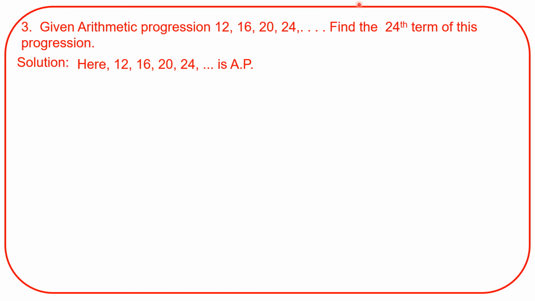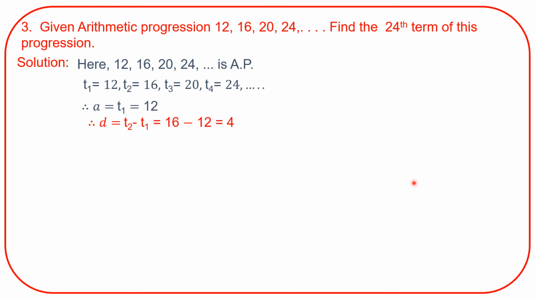This is the given part. T1 is equal to 12, T2 is equal to 16, T3 is equal to 20, T4 is equal to 24, and so on. Now find out the common difference D by using any two consecutive terms. A means first term. Therefore, A is equal to T1 is equal to 12. D is equal to T2 minus T1 is equal to 16 minus 12 is equal to 4.